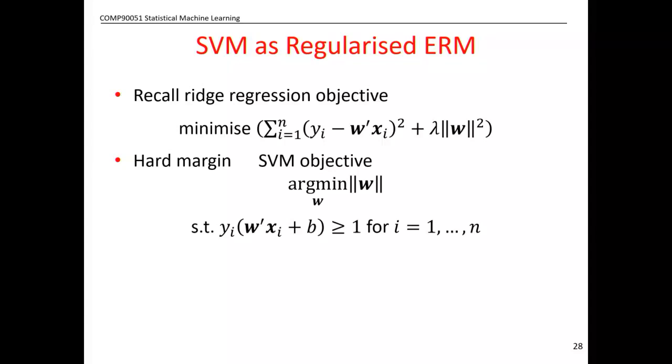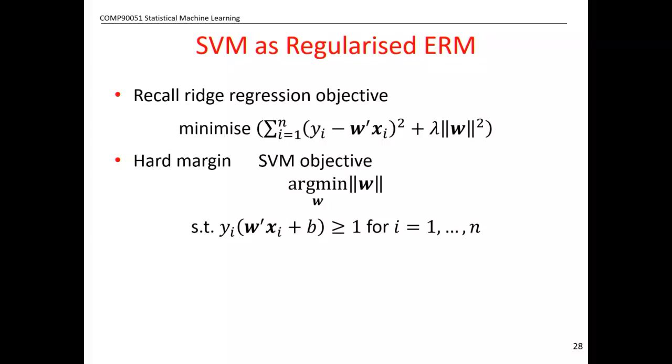In ridge regression, you can see the first term is square loss, and the second term in the objective is the regularization term. Now, for the hard margin SVM, we've also got a term that's about the length of w, and I said it's equivalent to minimizing the square length. So the regularization is actually the same.